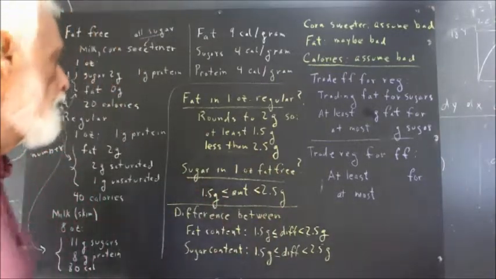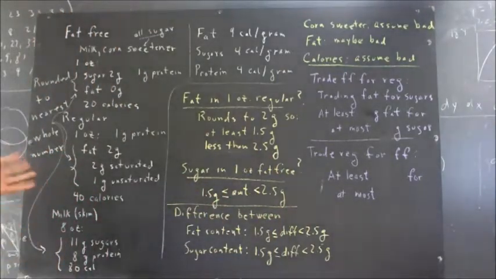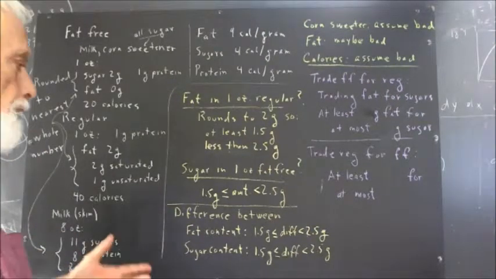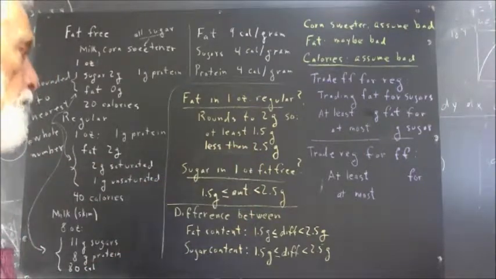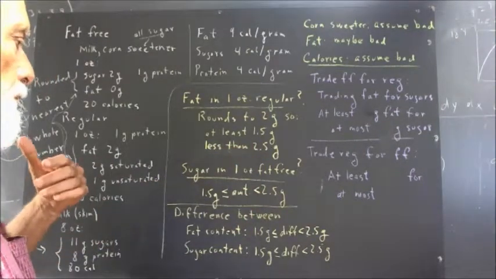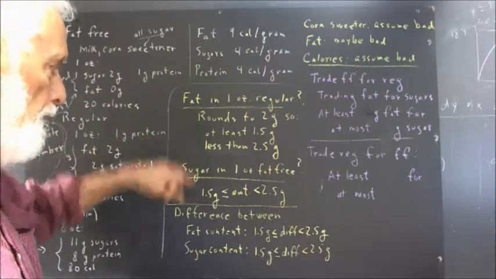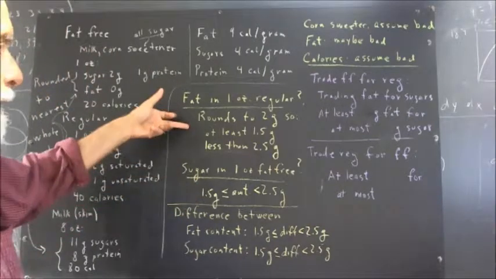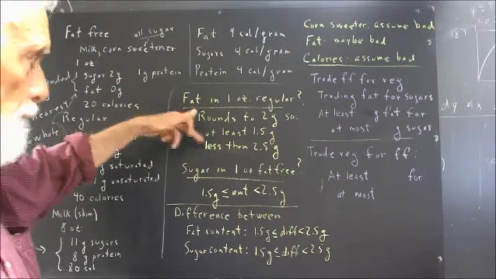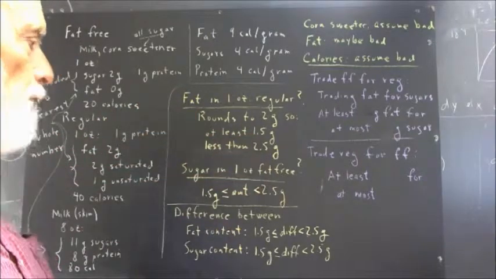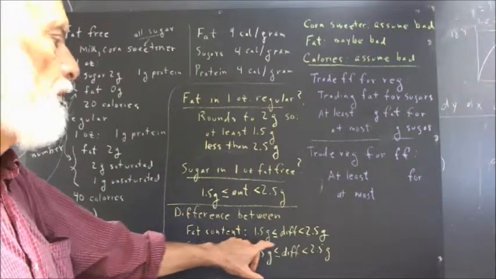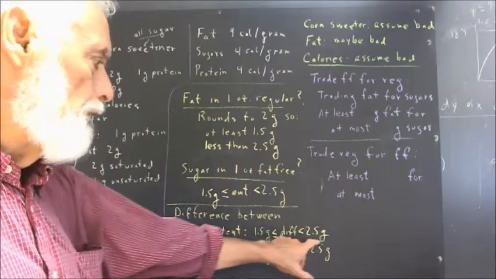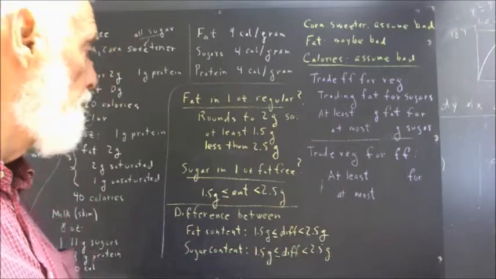Well, if we take this at face value, and we really can't, but we'll see that shortly, if these are the numbers, then there's a trade-off in fat content. There's no fat here, and there's between 1.5 and 2.5 grams of fat here, so the difference is between 1.5 and 2.5 grams.